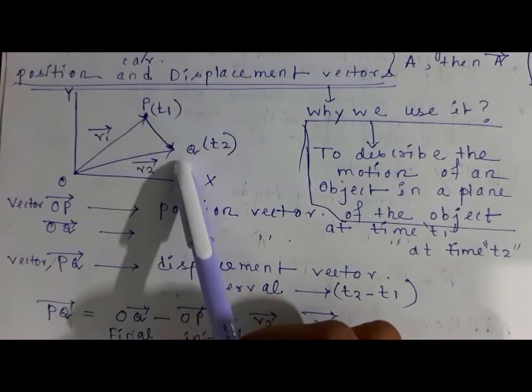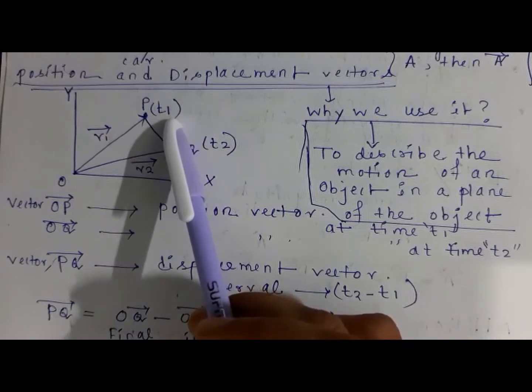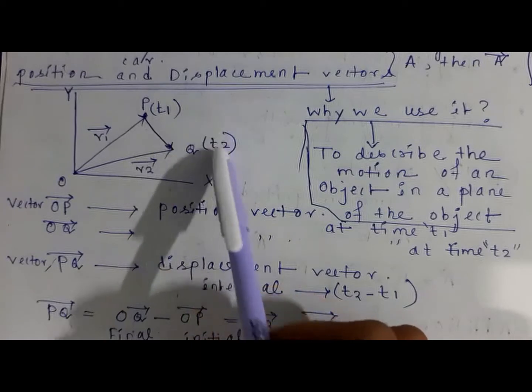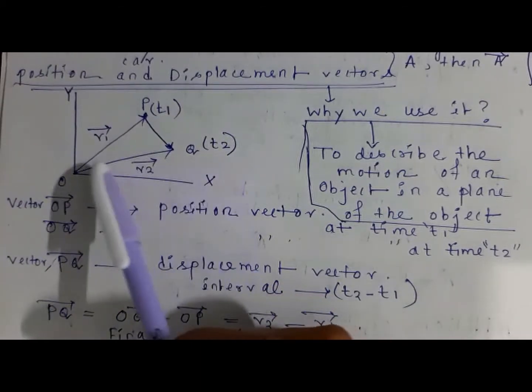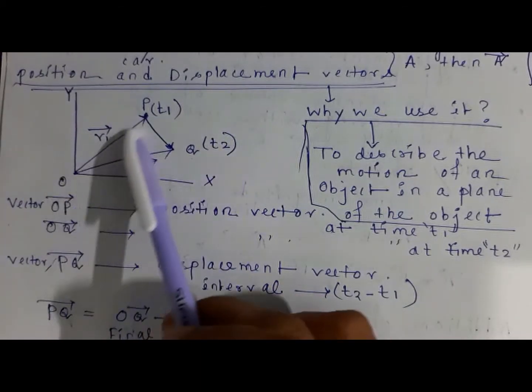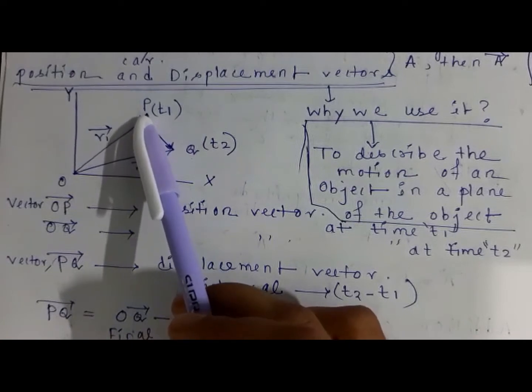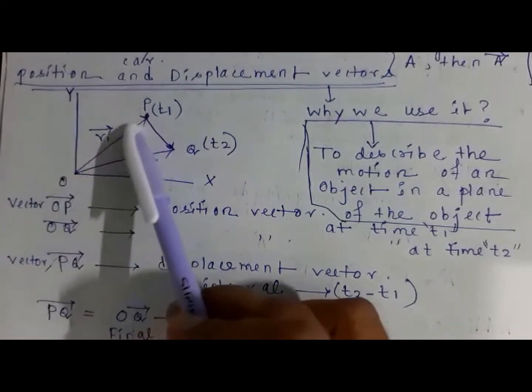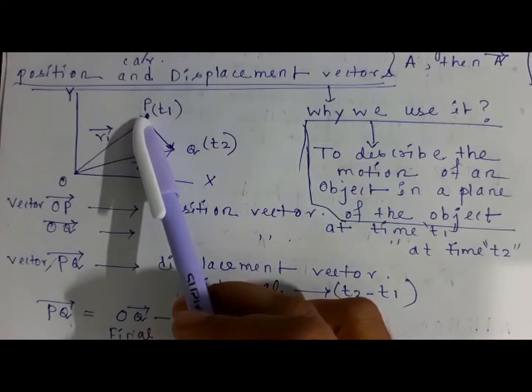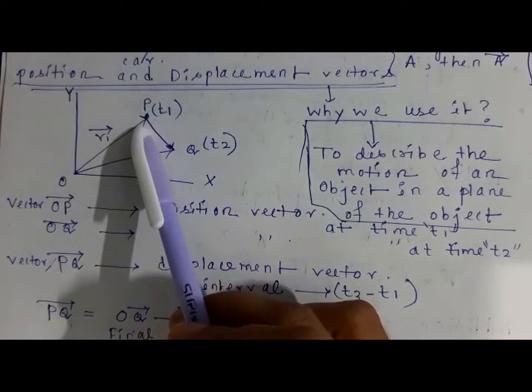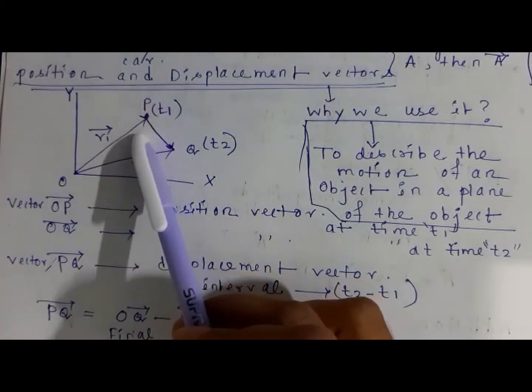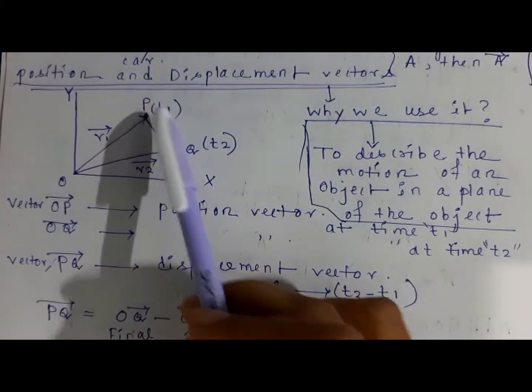There are two points, and the time at p is t1 and the time at q is t2. When you draw a line from the origin to point p, this gives your position vector, the position of this point. Your object has moved from p to q.